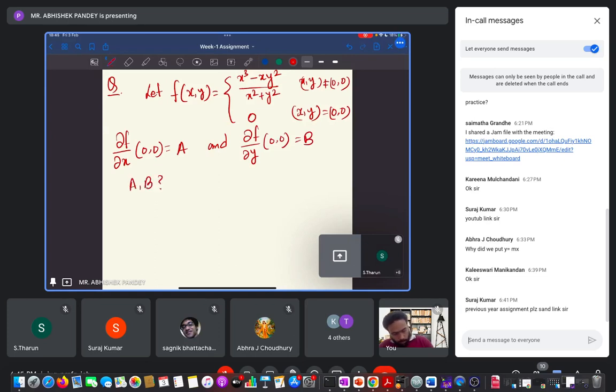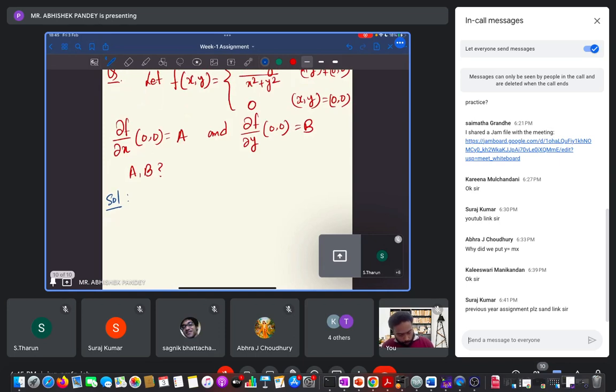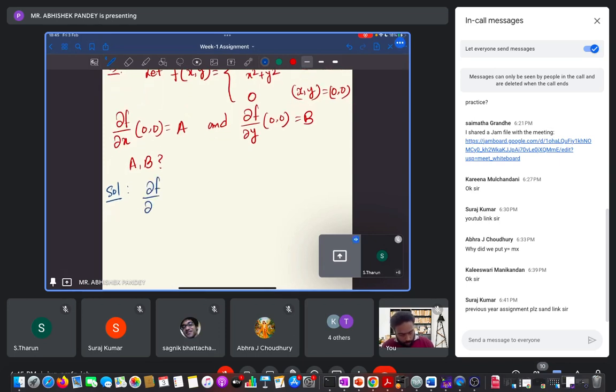What is a comma b? So del f by del x, partial derivative of f with respect to x at the point 0 comma 0 is nothing but limit h tends to 0, f of 0 plus h comma 0 minus f of 0 comma 0 upon h.